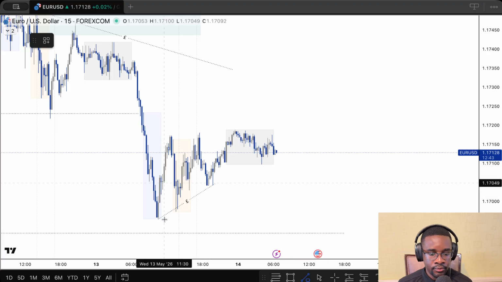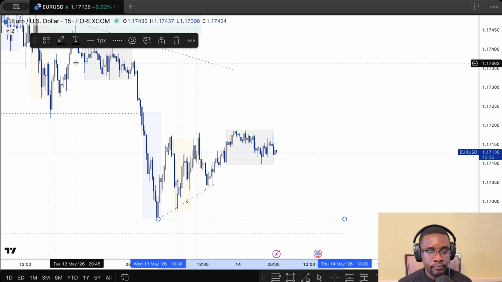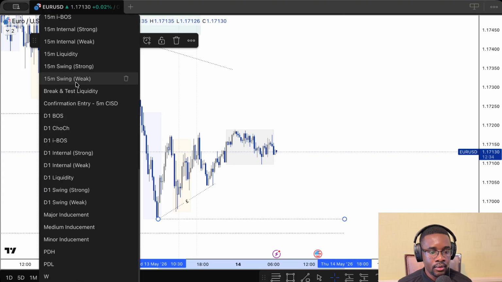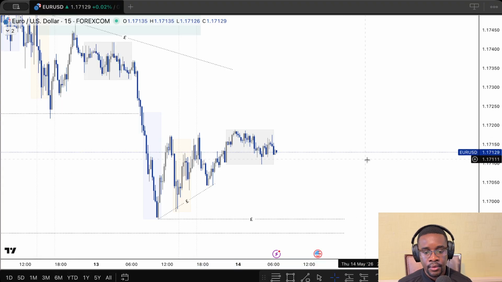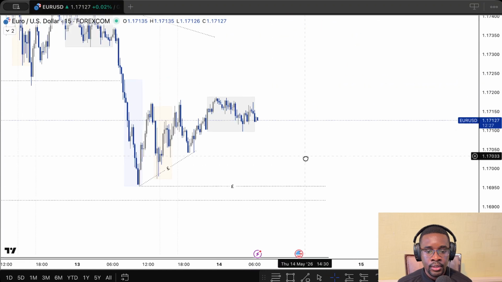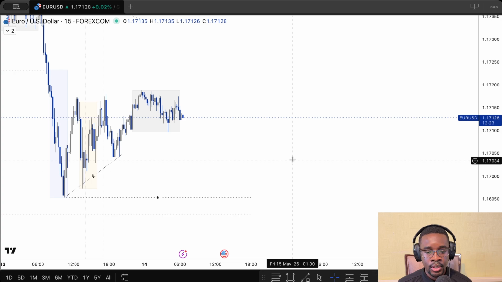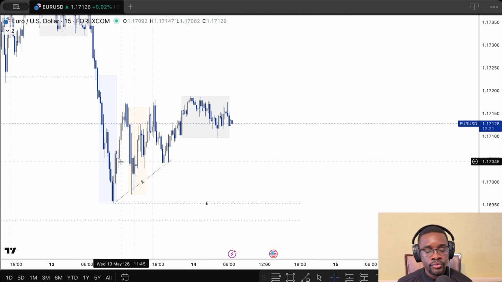We have these lows that are relatively close to each other. So we do have all these lows to target. My bias is now bearish, because internally we've shifted bearish.